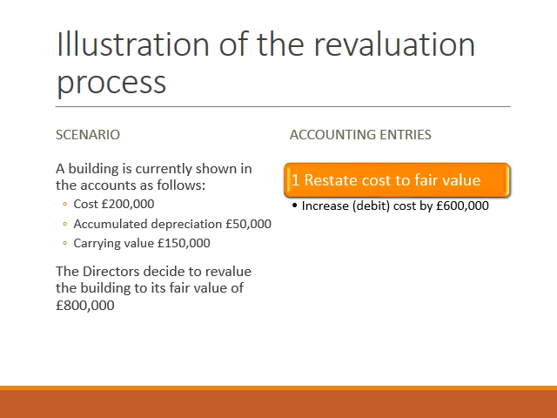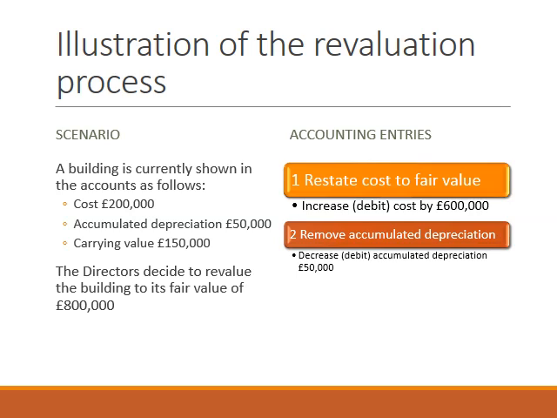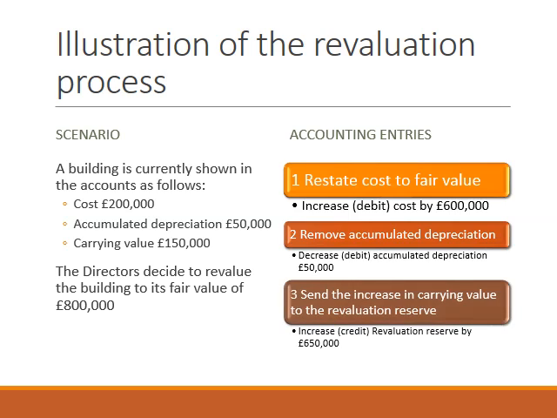So first of all, we're going to restate the cost to its fair value. So we're going to increase or debit cost by 600,000. That's the difference between our initial cost of 200,000 and the fair value of 800,000. Next, we'll get rid of the accumulated depreciation. So I'm going to decrease or debit accumulated depreciation with £50,000. Lastly, I will send the increase in carrying value to the revaluation reserve.